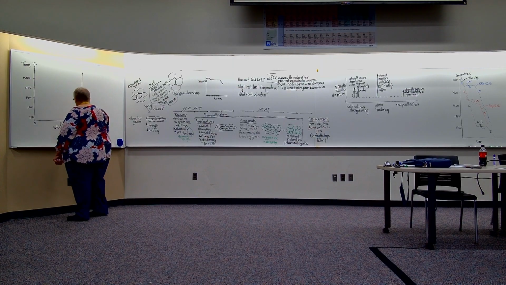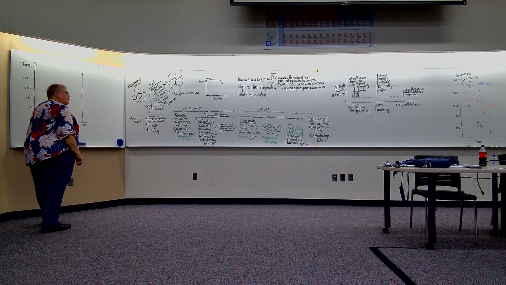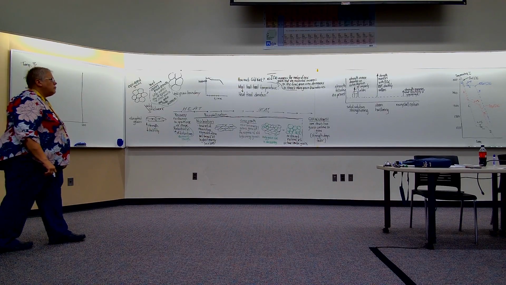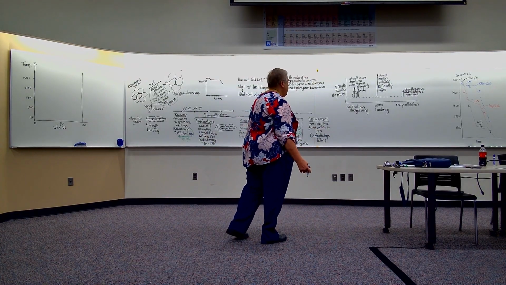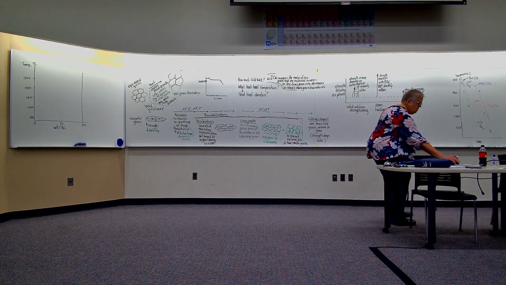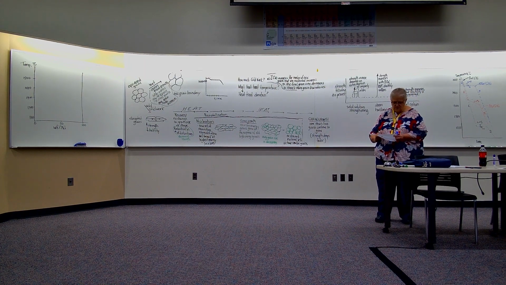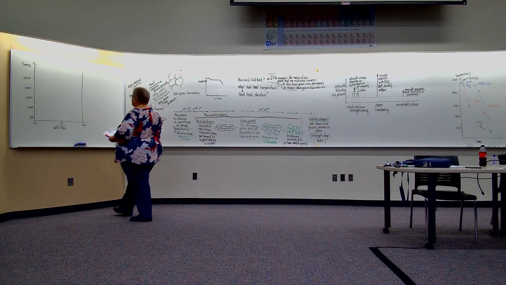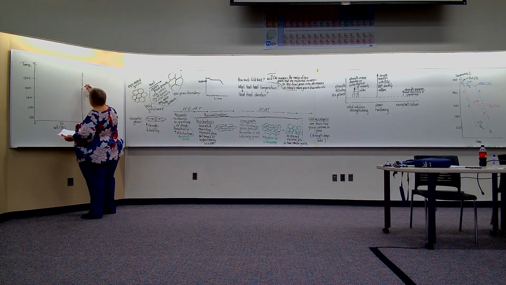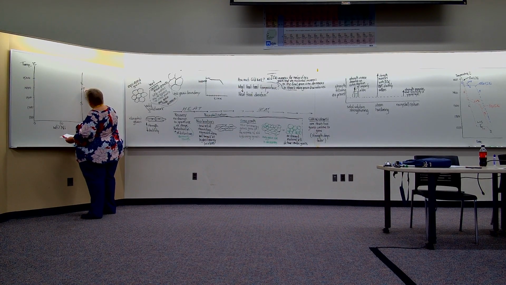So for my 100% nickel, my 100% nickel had this change of state, this melting temperature, at 1455 C. So at this composition, I have liquid and then solid. And this is the melting temperature for nickel, which is 1455.